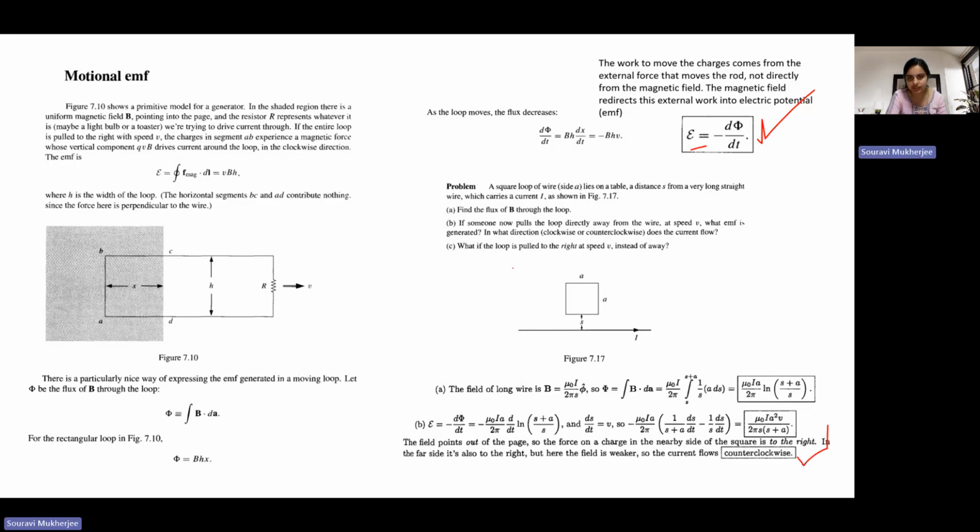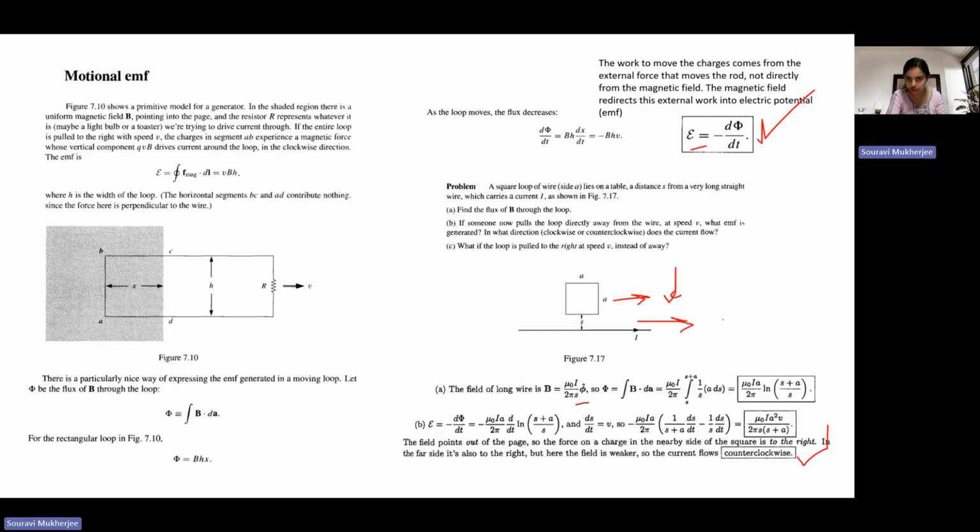The next section asks, what if the loop was pulled in this direction? If it is moving in this direction, you can imagine the magnetic field is only dependent on s, which is the perpendicular distance from the wire. It does not depend on this direction, right?